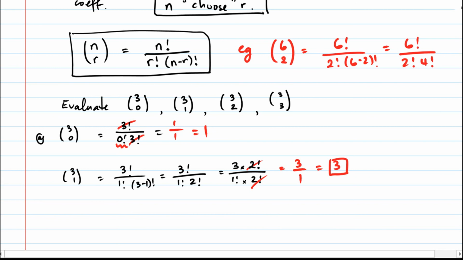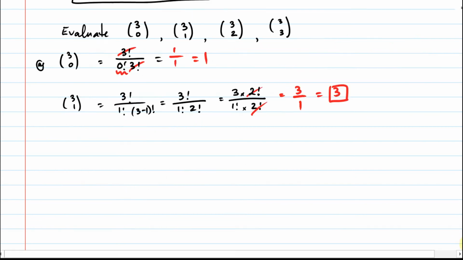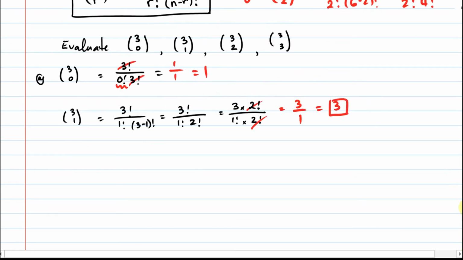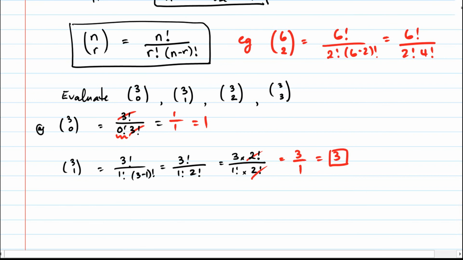If we continue in this vein, I want to show the formula. Let's continue. 3 choose 2. We'd have 3 factorial over 2 factorial times 1 factorial.